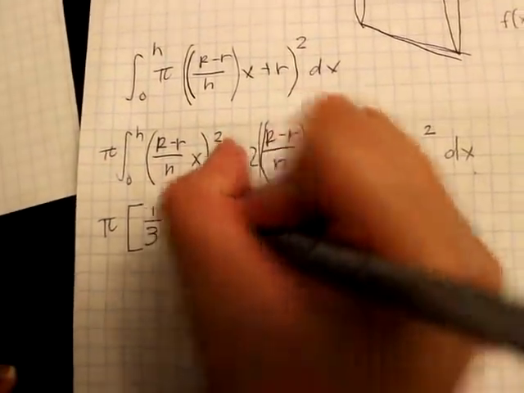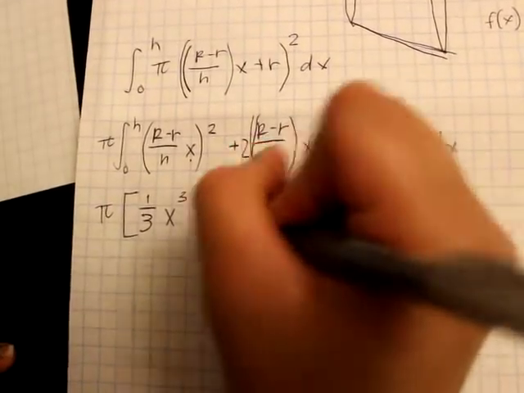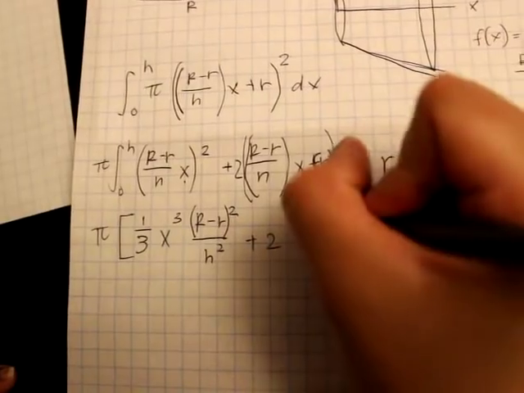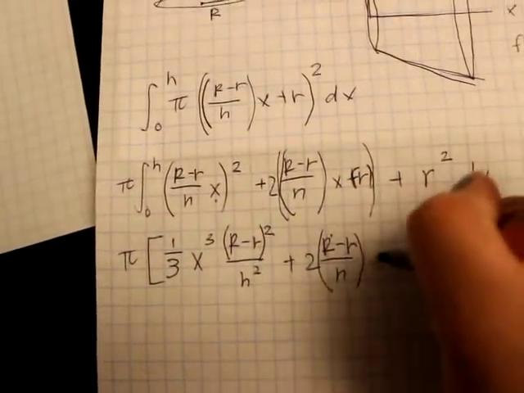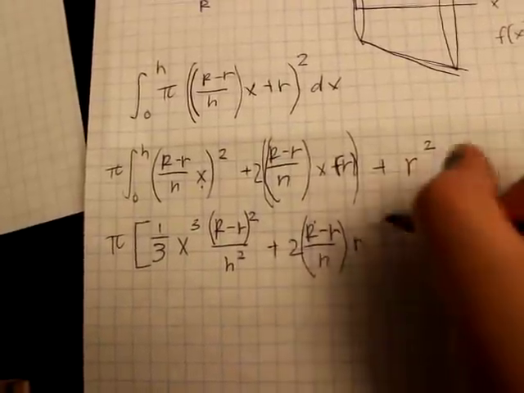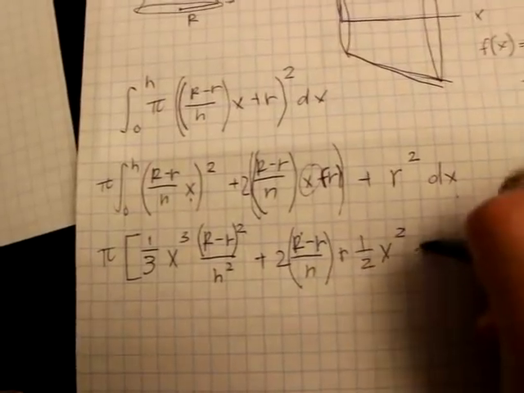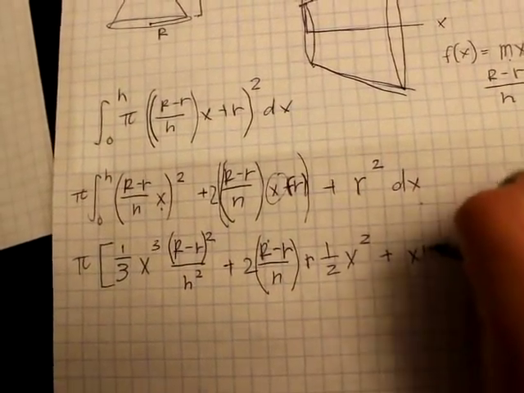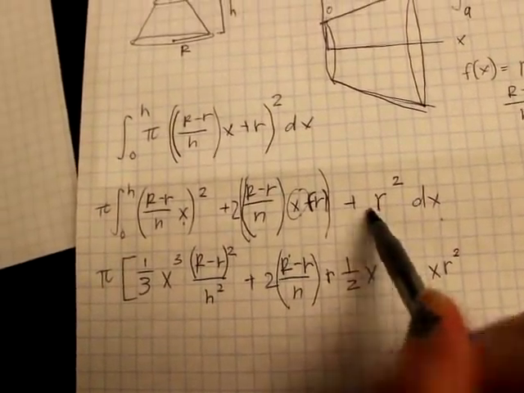So x cubed, everything else remains the same, R minus r squared over h squared, plus 2 times R minus r over h times r, and this x becomes 1/2 x squared, plus r squared becomes x times r squared because you have to add the x there.